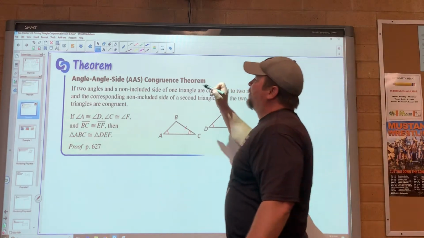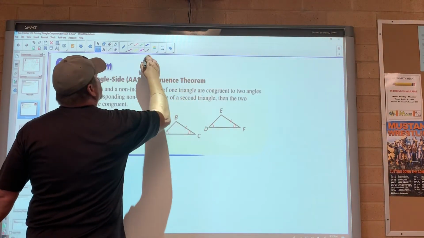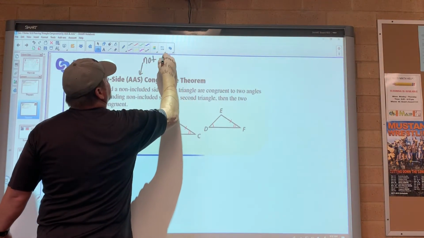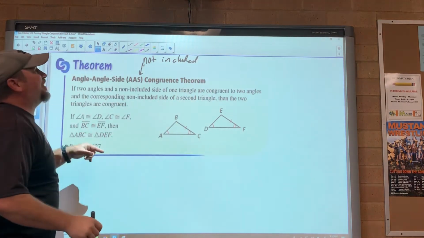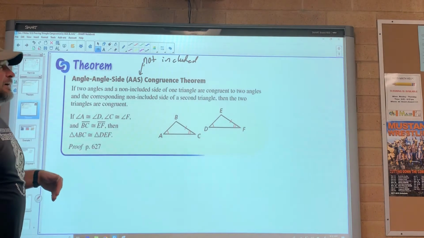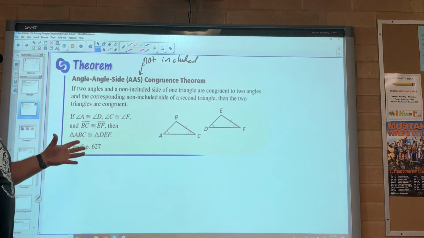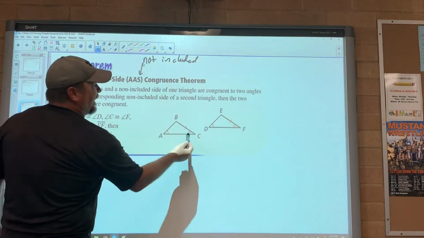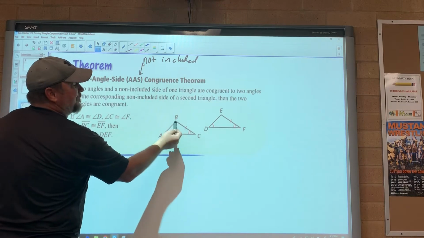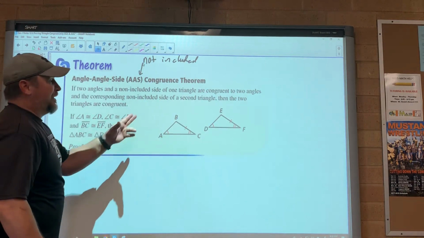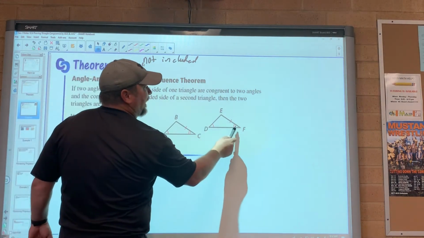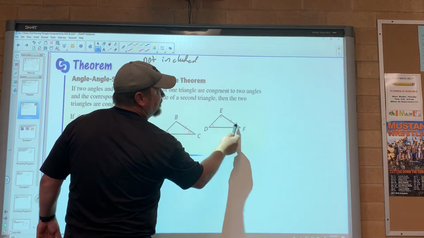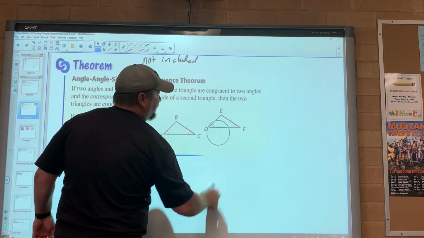Now, the important part here is that this side is not included, but it better be the correct non-included side. And I'll show you what I mean. So we've got an angle mark, and a non-included side from nothing to 2. It better be the same, nothing to 2 on the other one. Angle mark, and nothing to 2.